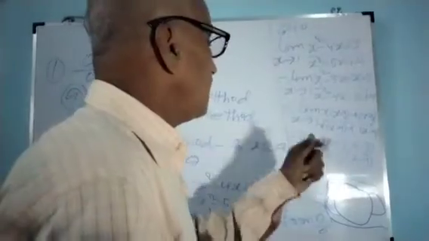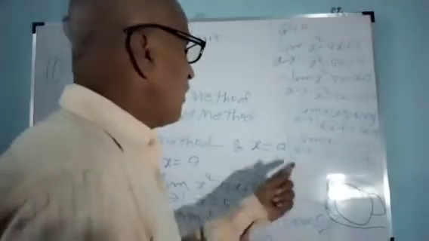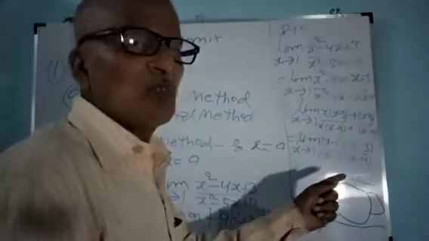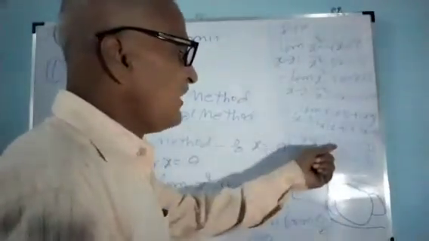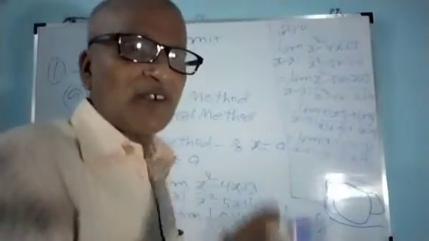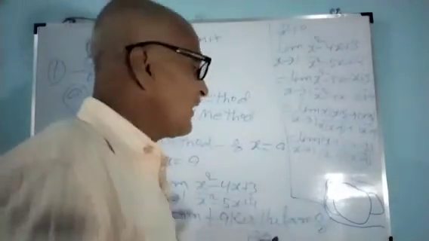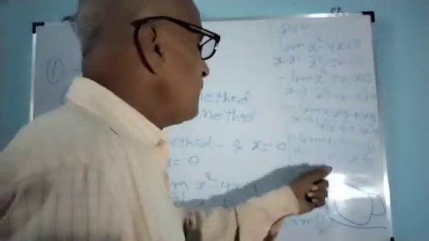Here there is a common factor x minus 1 which becomes 0 for x equal to 1. In the numerator and denominator, x minus 1 is a common factor which becomes 0 for x equal to 1. We remove it.